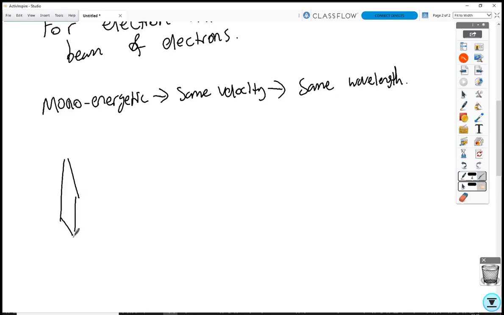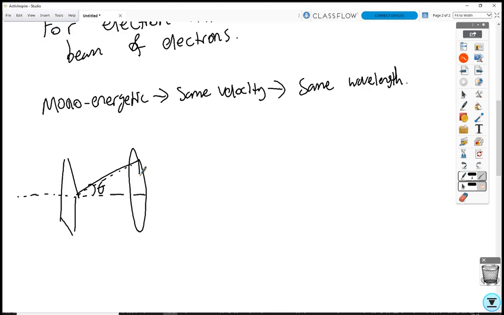So if we sketch what happens, if that passes through, you get some angle, and it forms a ring on the screen, right? Because if you think about it in 2 dimensions, some of the electrons diffract upwards at that angle, some to the left, some to the right, and all around.